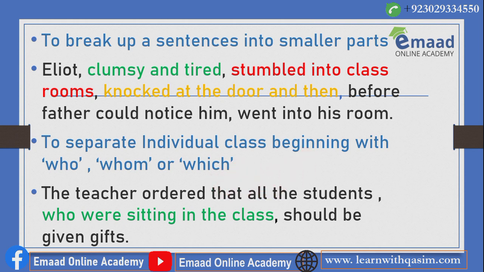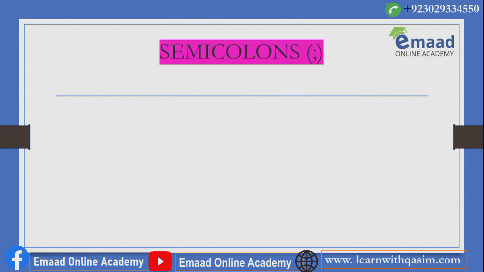So others might be deprived of that, but when we use commas, it means that all the students were actually sitting in the class. This last usage of the comma is a bit tricky. You should be good at grammar to think well whether you have to use a comma or not, and after which word you have to use a comma.